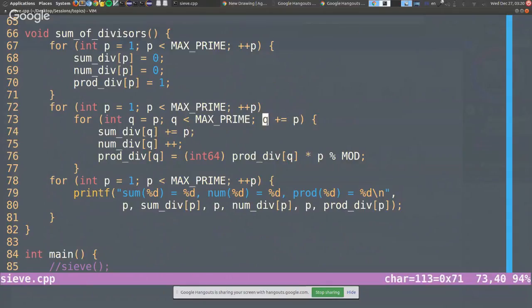Here we can, for example, make the count of proper divisors, so the divisors without the number itself. So we don't count 6 as a divisor of 6. So here we don't start from the number itself, we start from the next divisor.